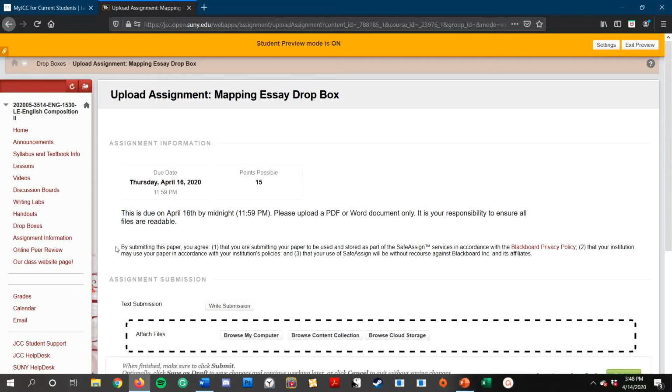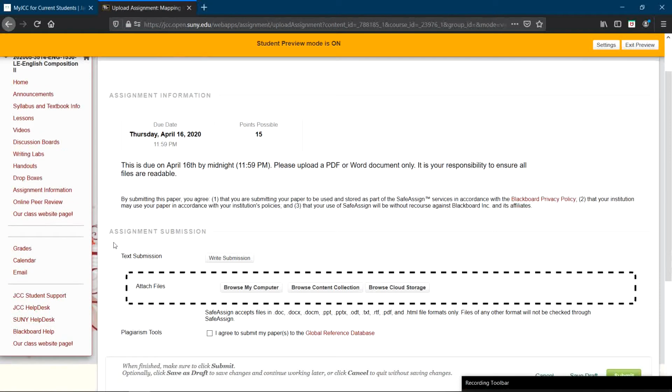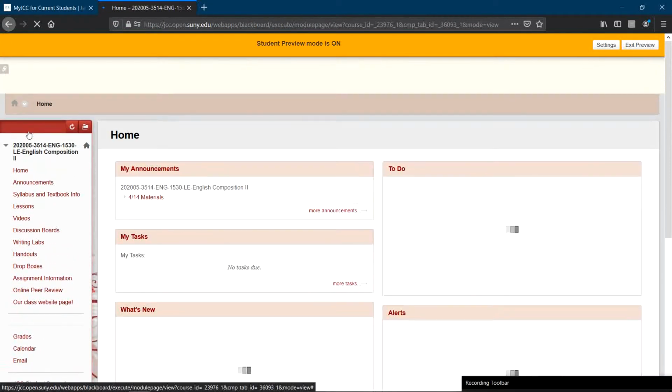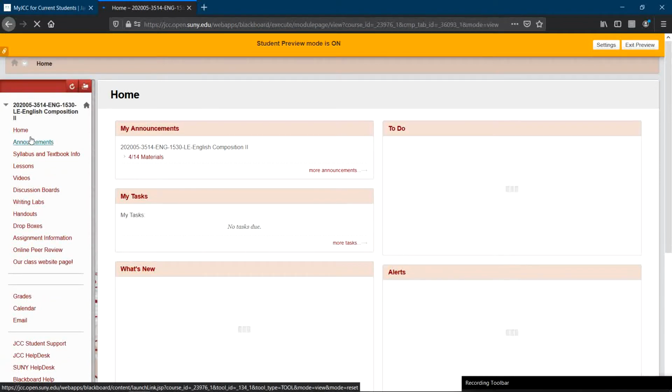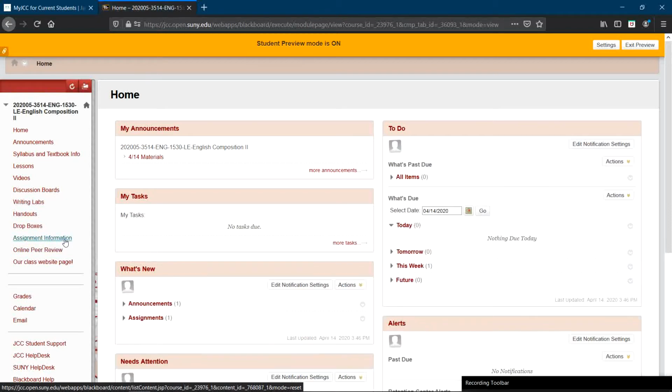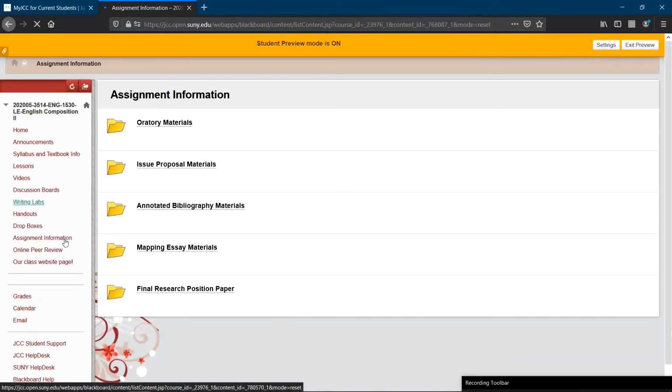Okay, so what you do is go back into our Blackboard page. And if you want to find materials for the research positions paper, all you do is go under assignment information and go under the final research position paper.